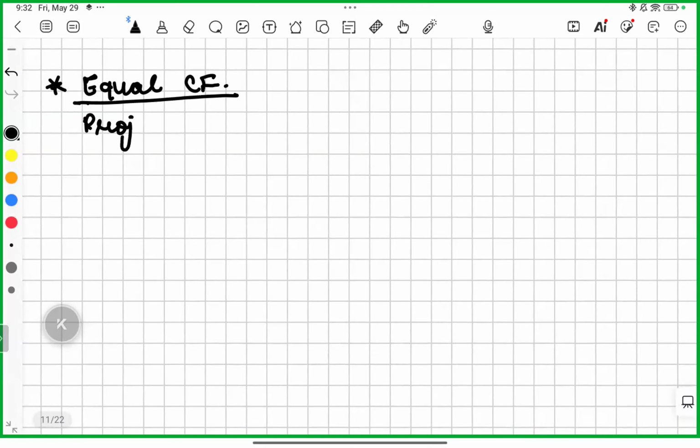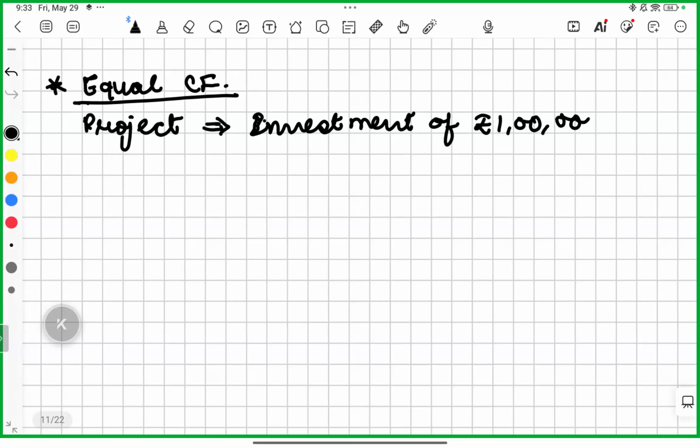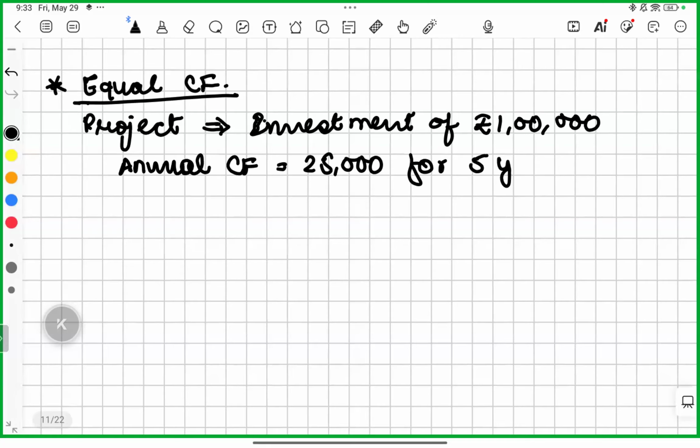This is a new example, with an investment of 1 lakh and annual cash flow of 25,000 for 5 years, and discounting rate or cost of capital is equal to 10%.